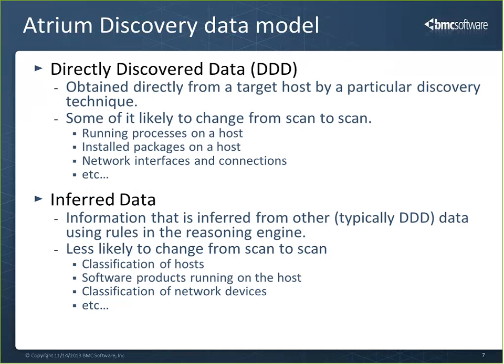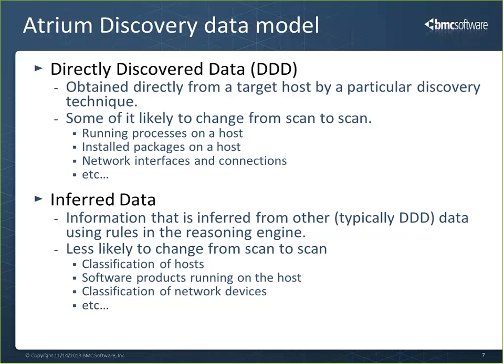Some of this data is likely to change from scan to scan and includes things like running processes on a host, installed packages on a host, network interfaces, connections, etc. On the other hand, inferred data is the information that ADDM infers from other types, typically DDD data, using rules in the reasoning engine. This data is less likely to change from scan to scan, although it will change over time, and includes things like classification of hosts, software products running on the host, classification of network devices, etc.